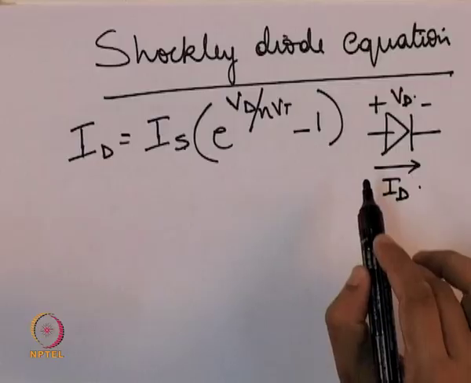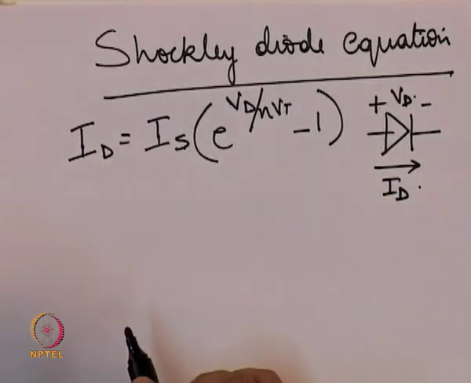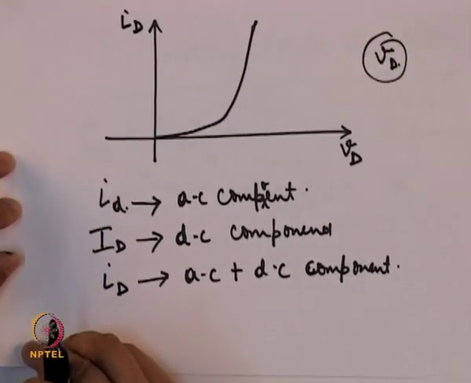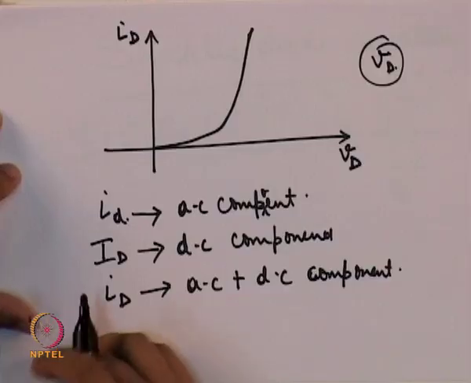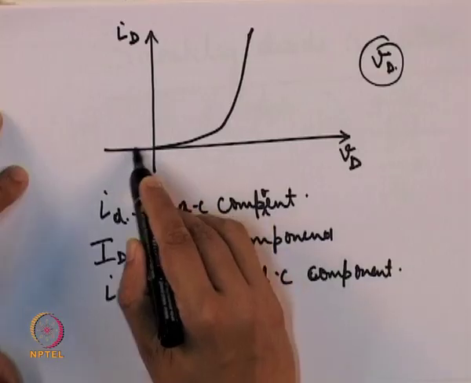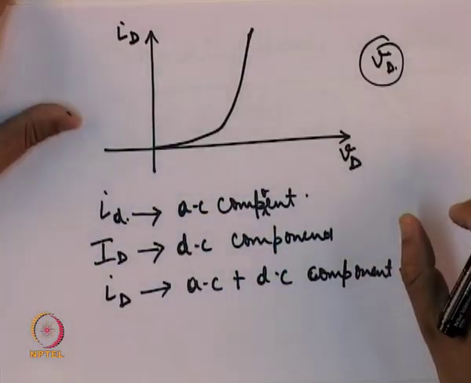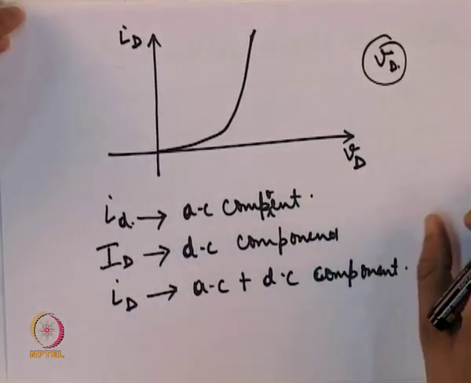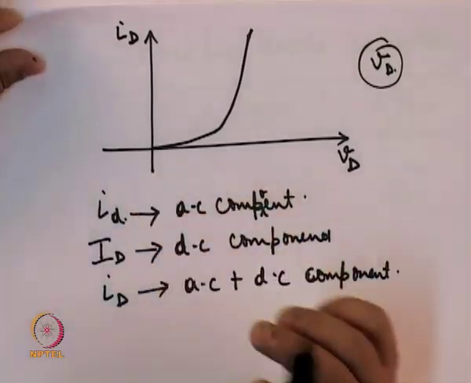So, this is the steady state or DC characteristics. Of course, we are here assuming that when the voltage across the diode falls below 0 voltage, then current will be 0, though that is not entirely true, but for now we will be assuming that the current is 0.